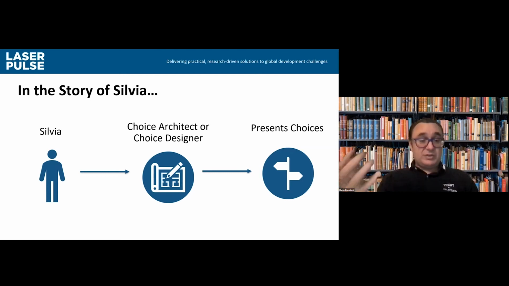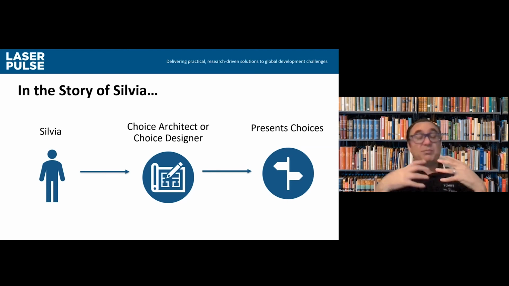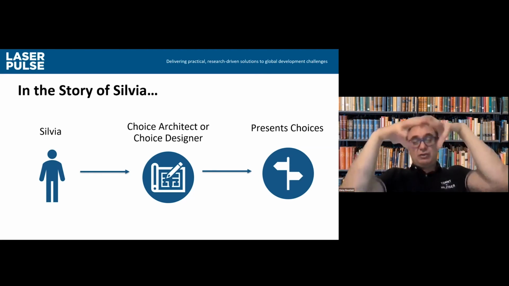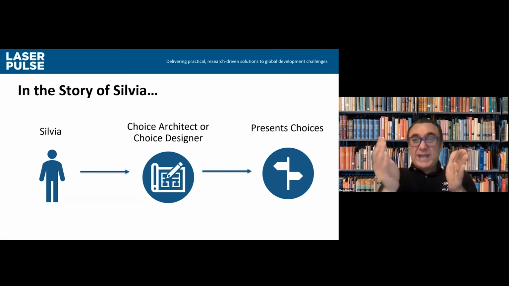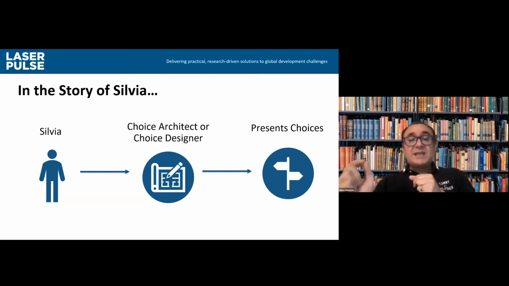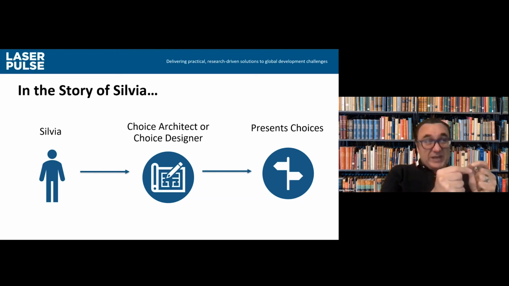Similarly to Silvia, many of us, even if we don't know it, are designing choices by default without being aware of it. Choice architecture presents stakeholders with choices in a different way, with the goal of influencing the right behavior, or leading to a decision-making process that produces behavior aligned with good outcomes.